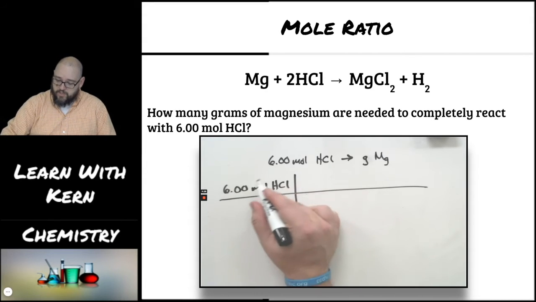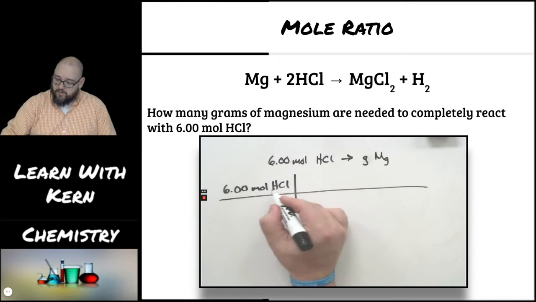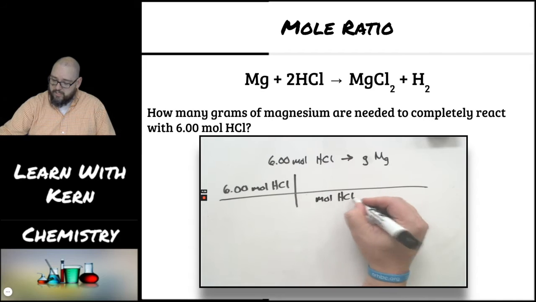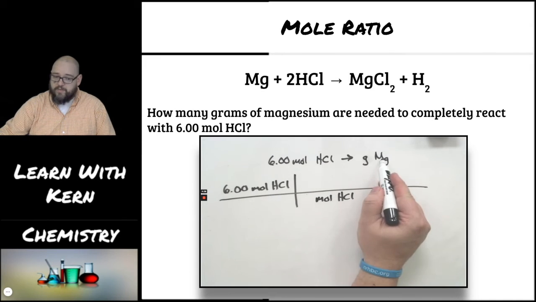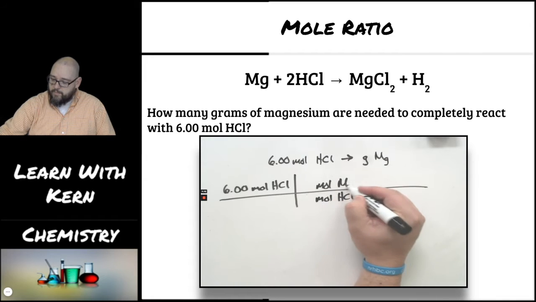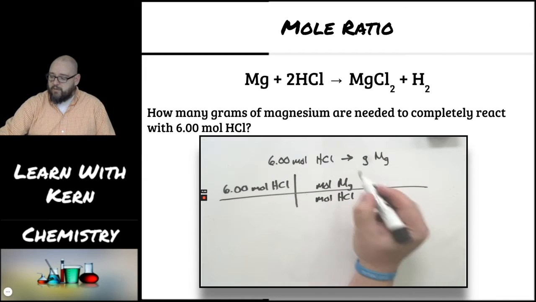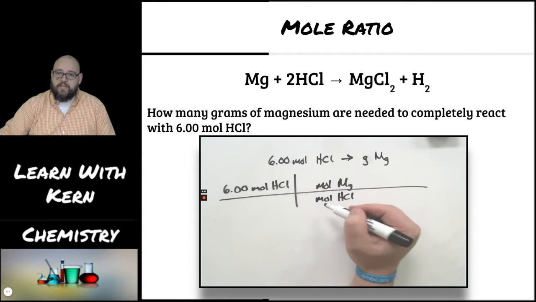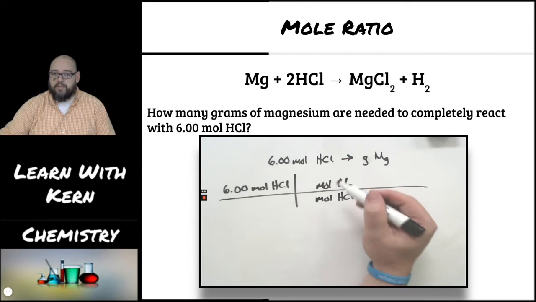I have moles of HCl on the top, so I need to have moles of HCl on the bottom. And since I'm trying to find magnesium, I'm going to put moles of magnesium on the top. Now, I'm trying to find grams of magnesium. Why did I put moles of magnesium here? Well, the reason is because this is the mole ratio. In order to be a mole ratio, it has to have moles on both the top and the bottom.